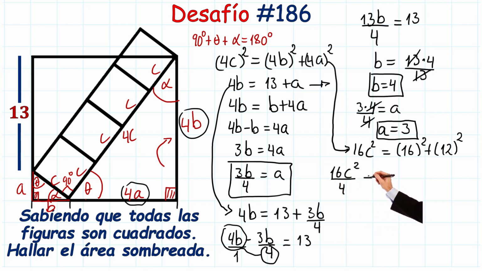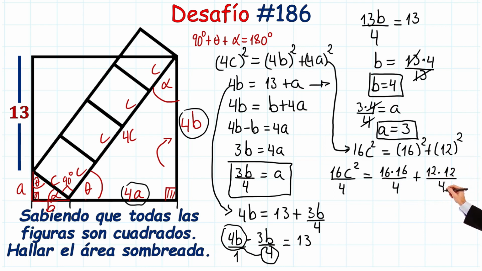And this is going to be equal to 16 squared, which is 16 times 16. We're going to write it that way. 16 times 16, this over 4, plus 12 squared can be written as 12 times 12, and this also over 4. We divide the whole equation by 4 and broke down this 16 squared and this 12 squared to simplify more easily. So what do we have left here?